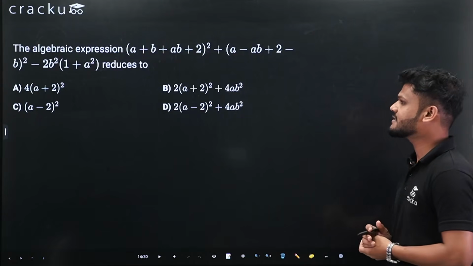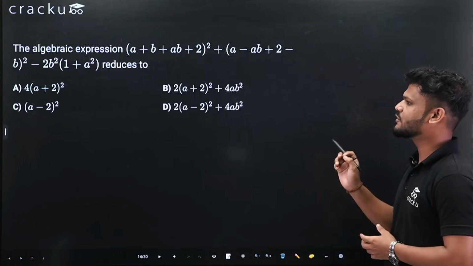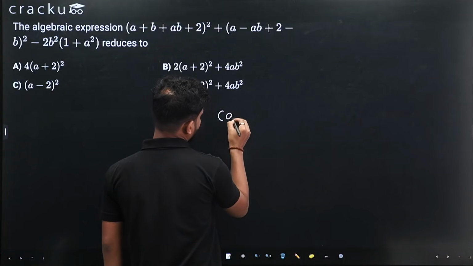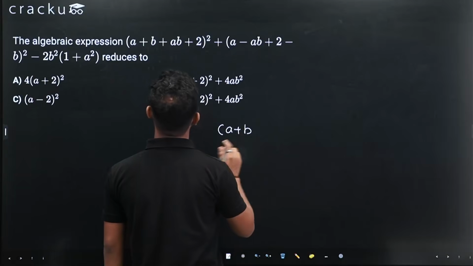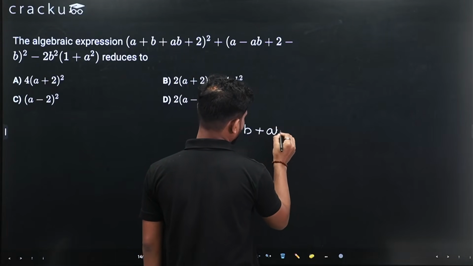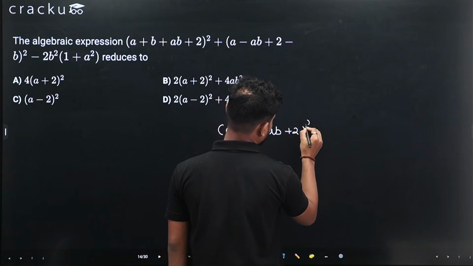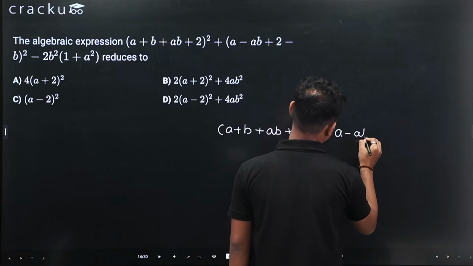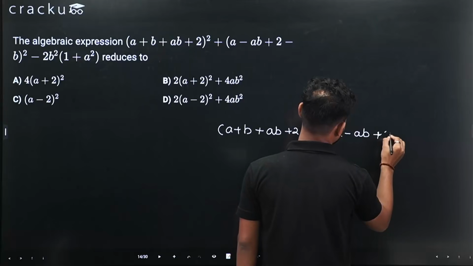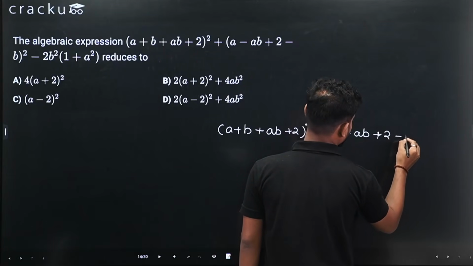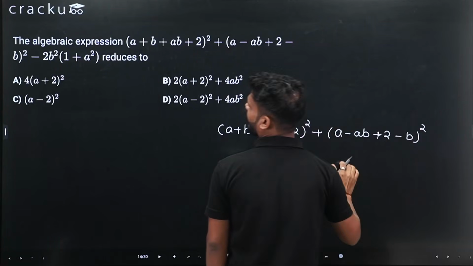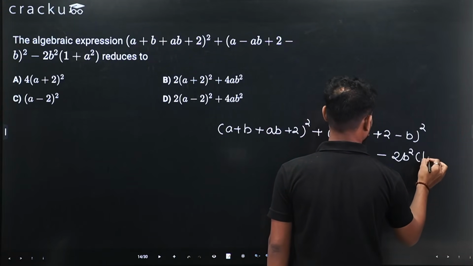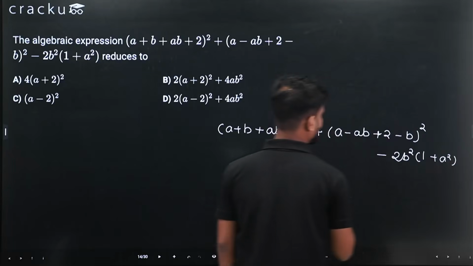In this question we are asked what the algebraic expression reduces to. So here we have given (A plus B plus AB plus 2) whole square, then plus (A minus AB plus 2 minus B) whole square, and minus 2B square into (1 plus A square).